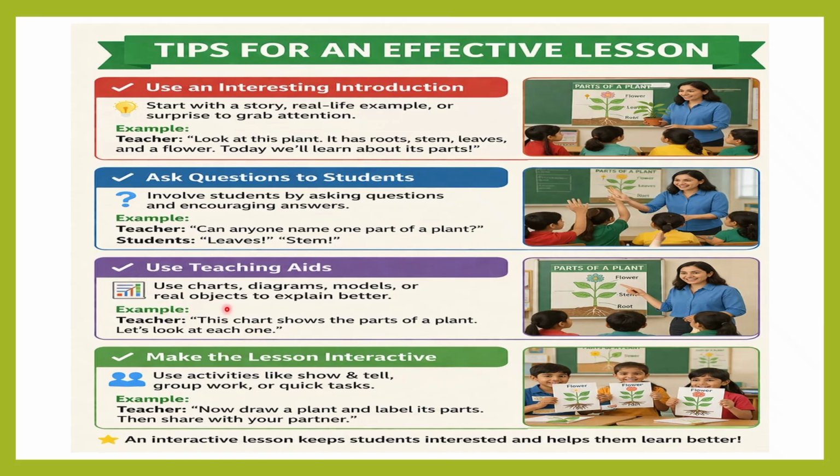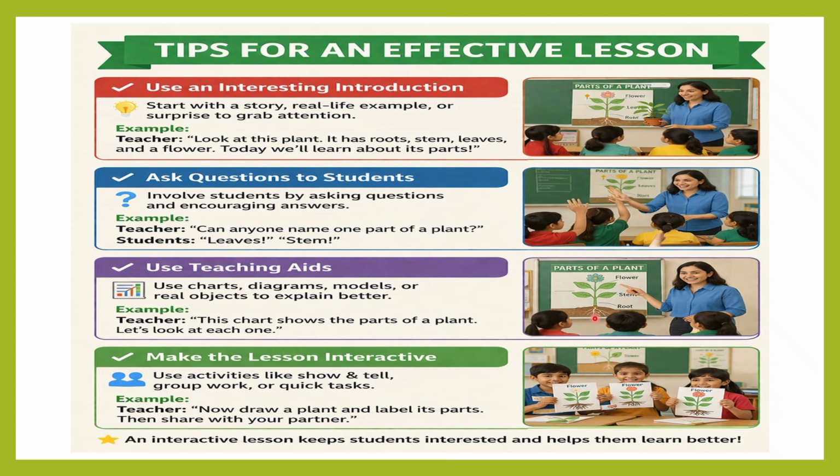Then is using teaching aids. Use charts, diagrams, models, or real objects to explain better. This chart, for example, shows the parts of a plant. Let's look at each one.